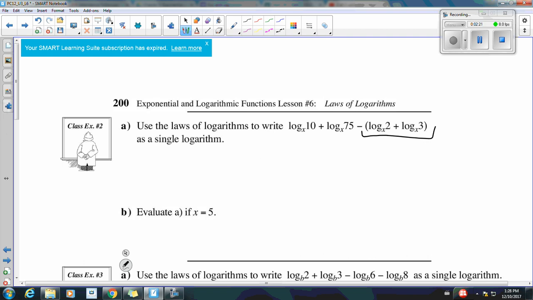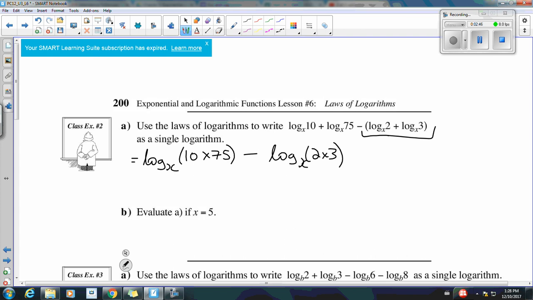So we can do this in steps, so once you get comfortable, you'll probably end up doing it in one step, but we can start by just saying, well, this becomes log base x of 10 times 75 minus, now I'm going to focus on what's in the brackets there, log base x of 2 times 3.